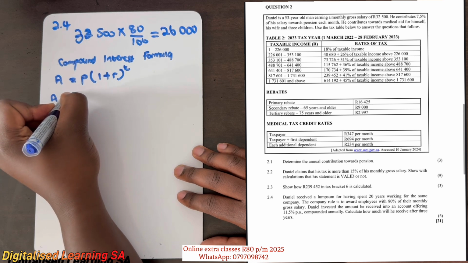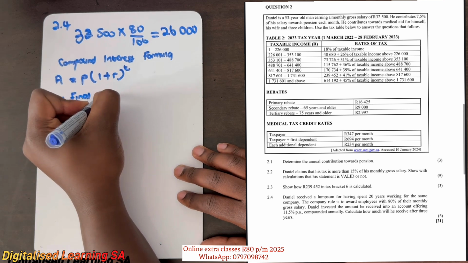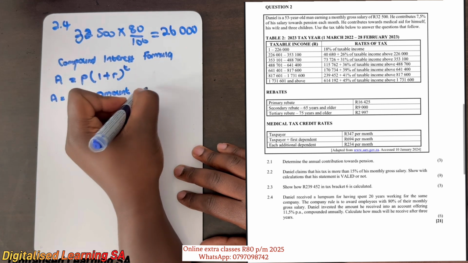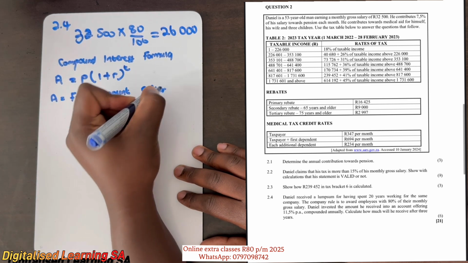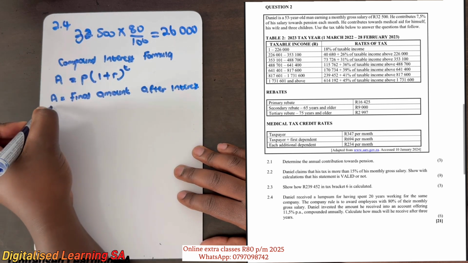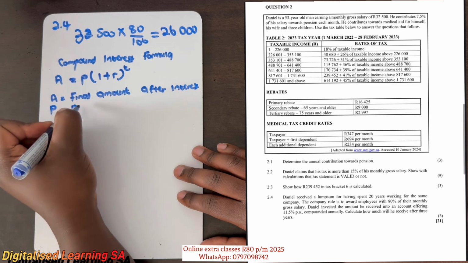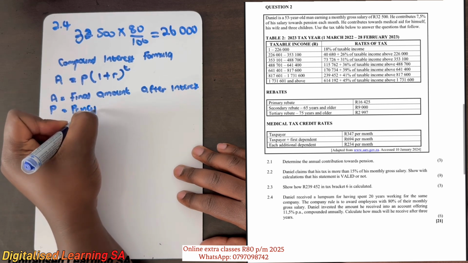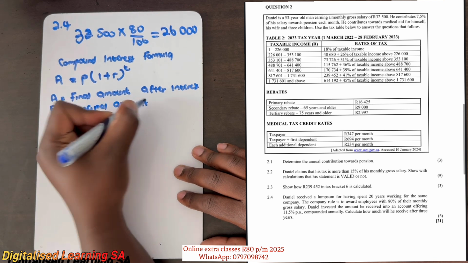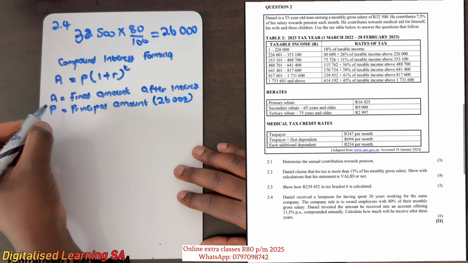So it's the final amount after interest. And then P is the principal amount, which is the lump sum, which is 26,000.